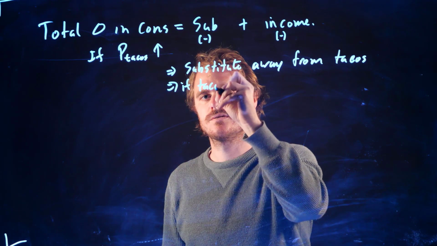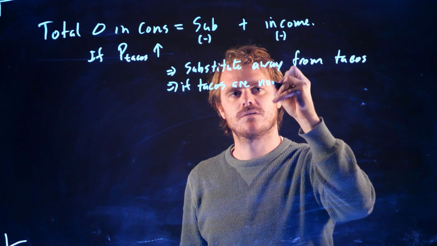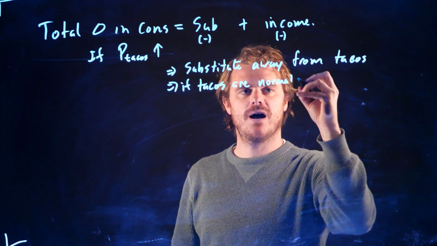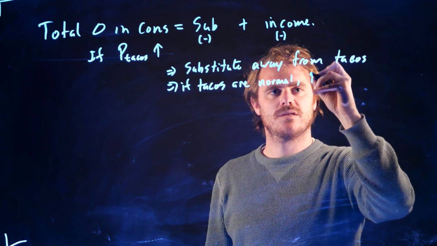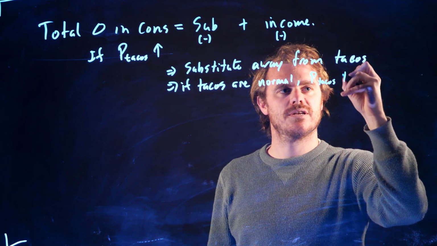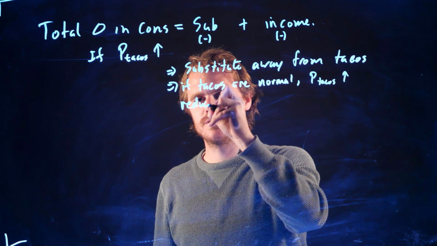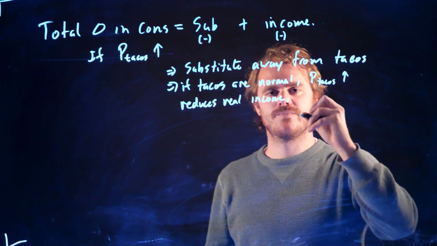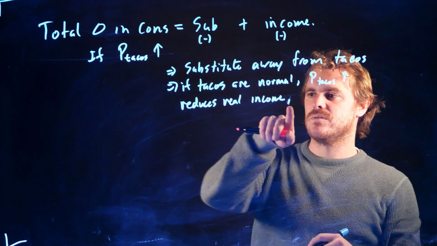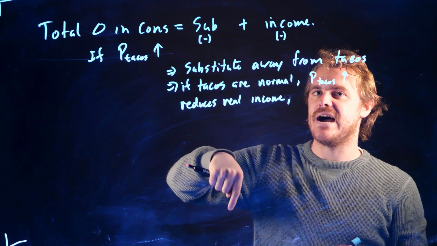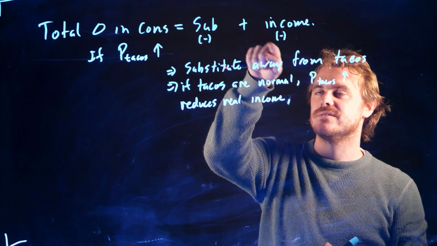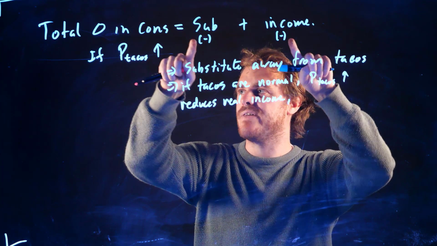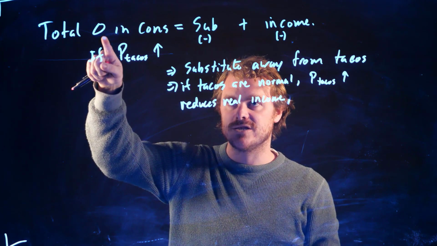If tacos are a normal good, the price of tacos increasing reduces real income. So real income's going down, and because it's a normal good, that means the income effect will cause us to have less tacos as well. So these two together will determine this total change in tacos.